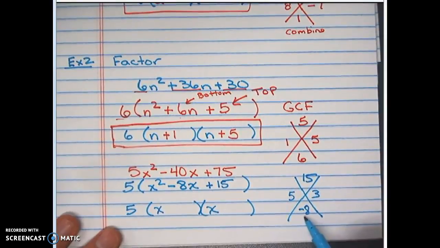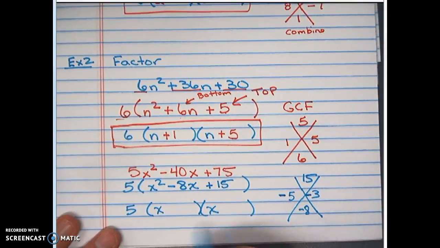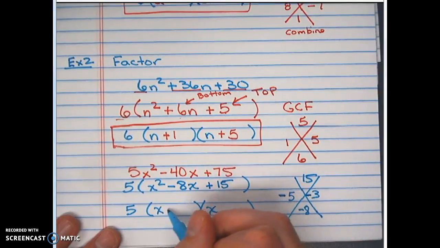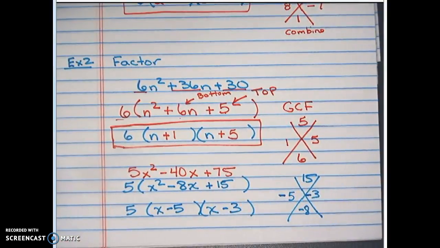It adds up to positive 8, but we need it to add up to a negative 8. Now, I have to be careful because if I make this negative and I leave that positive, it no longer multiplies to a positive 15. The only way it would multiply to a positive 15 is if they're both negative, because a negative times a negative is a positive. Negative 5 minus 3 is a negative 8. And so that means that my answers are going to be x minus 5 and x minus 3.